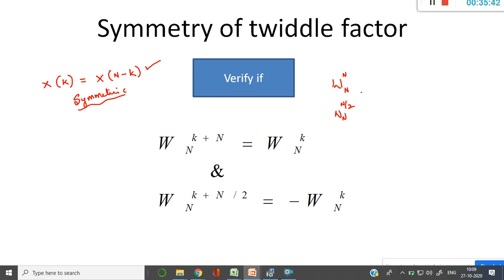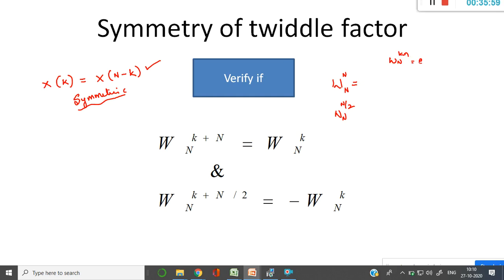So what is the value of W_N to the power of N? I think in one of the classes I have explained this. How do you write W_N to the power of kn?